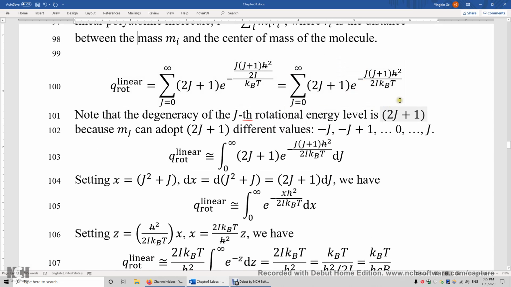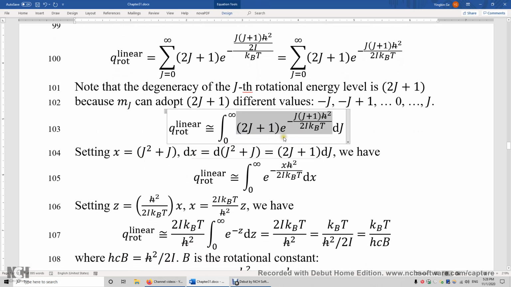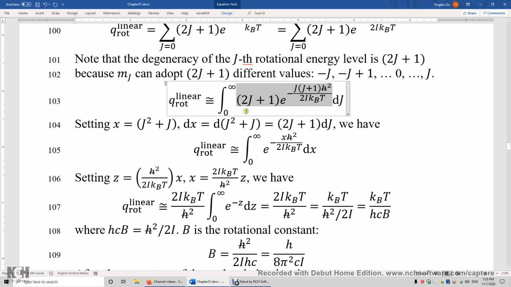So how do we evaluate this sum? We can make approximations by replacing this sum sign with an integral sign. So we'll just integrate this. And how do we integrate this?